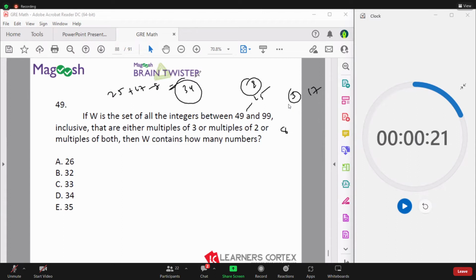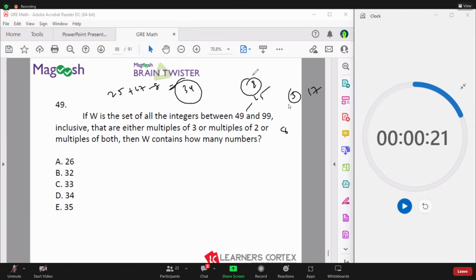First of all, you asked why we're adding one, right? Yeah, we are adding both the multiples, and why are we subtracting the multiples of 6?